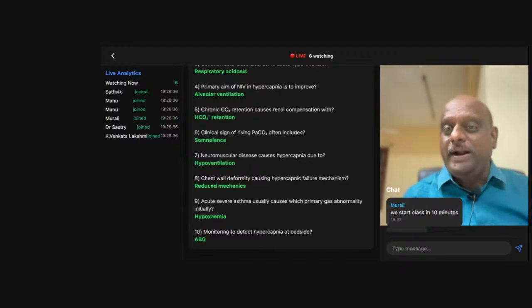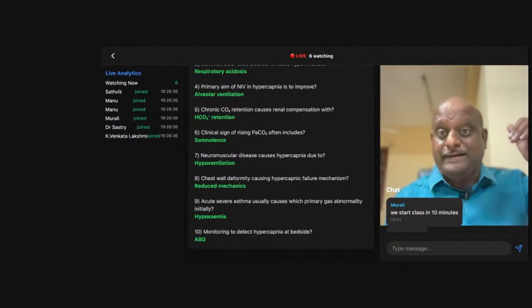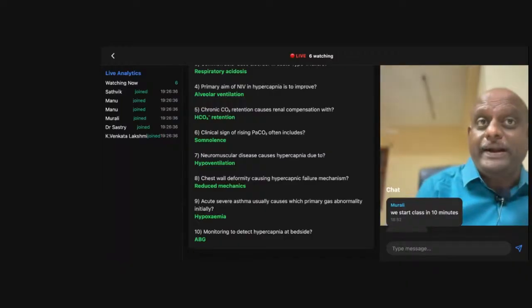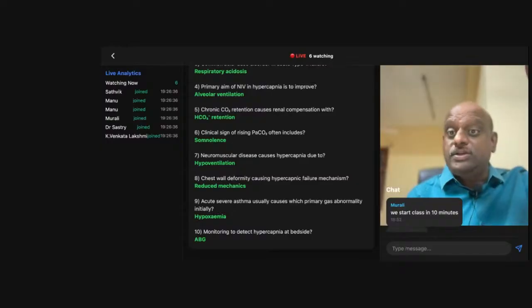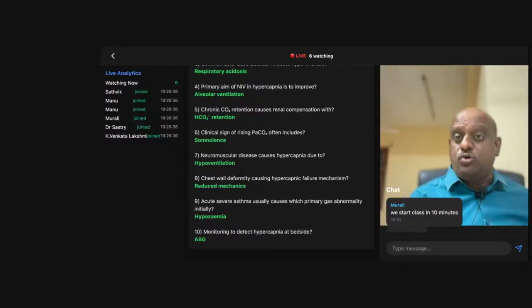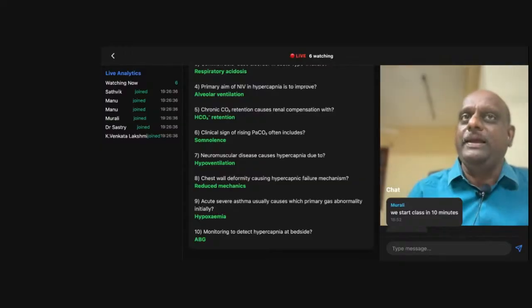And in type 2 respiratory failure, all that excess CO2 will convert into acid. That's the reason you get respiratory acidosis. And the rising PaCO2 will lead to development of somnolence and altered sensorium. So these are all the features to be remembered.